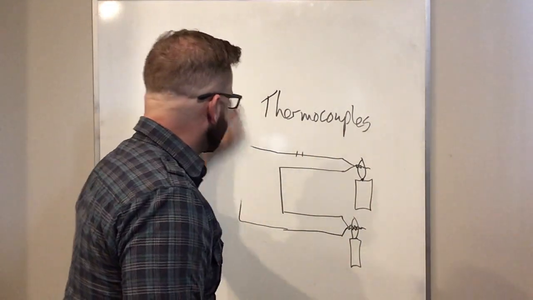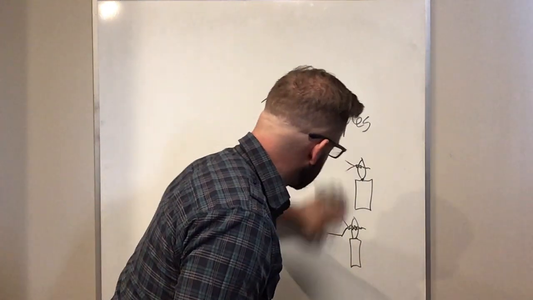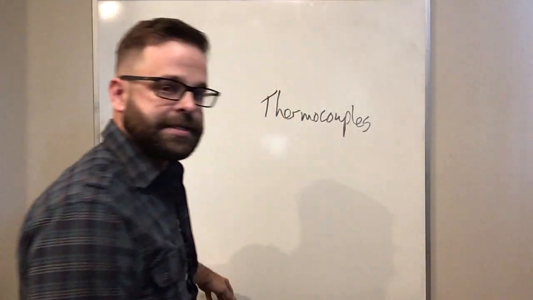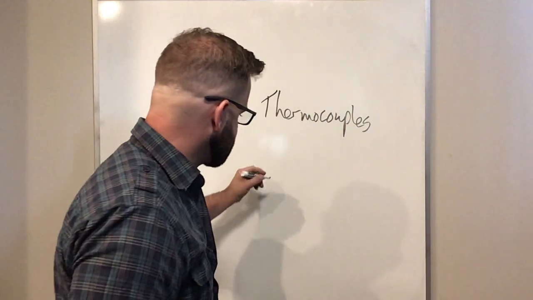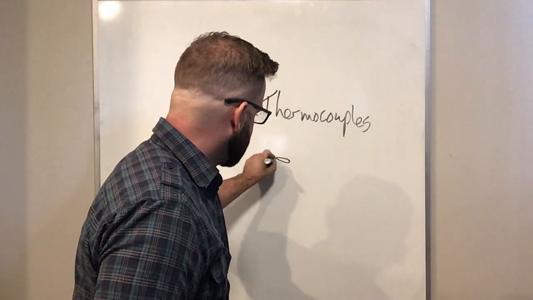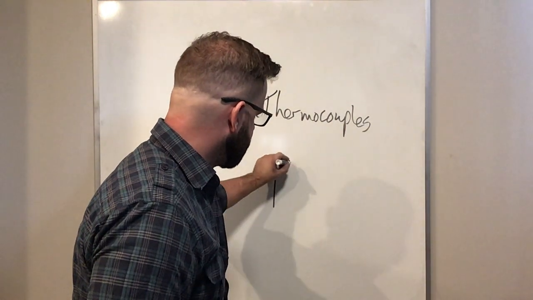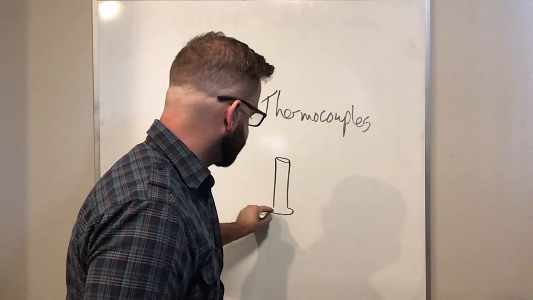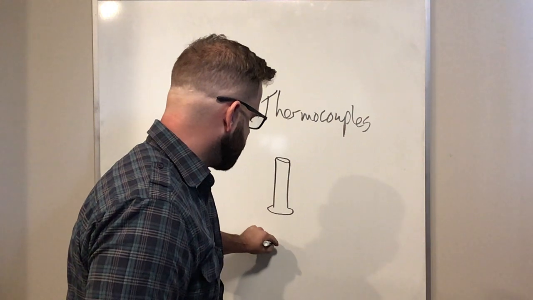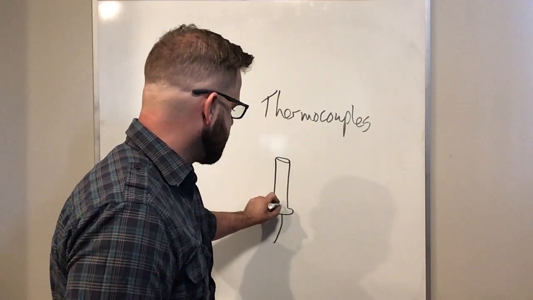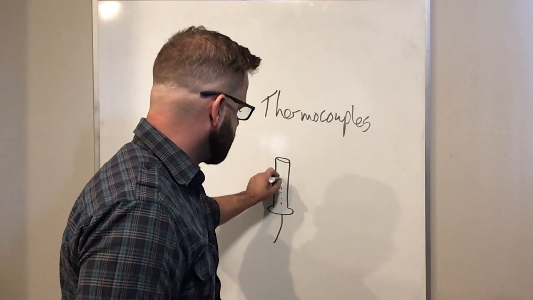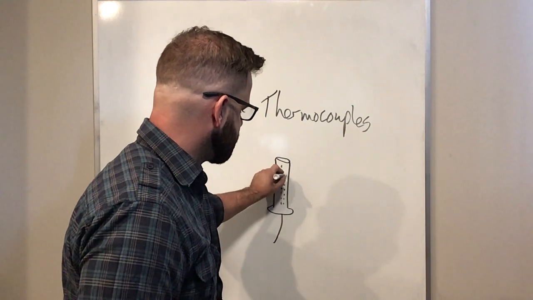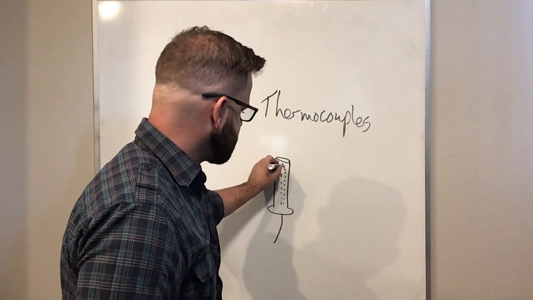Typically a thermocouple or a thermopile will be in an enclosure. So the wires of my thermocouple will go up inside, and those two dissimilar metals will be up inside here.